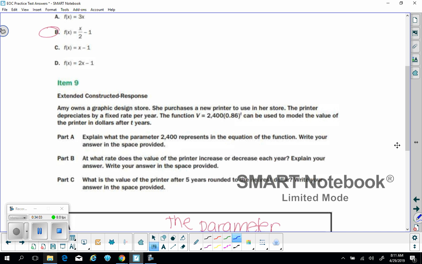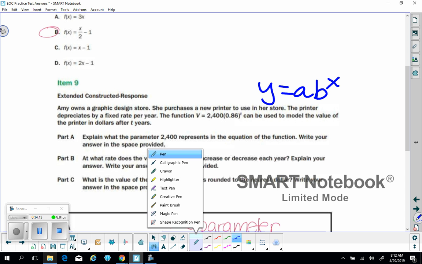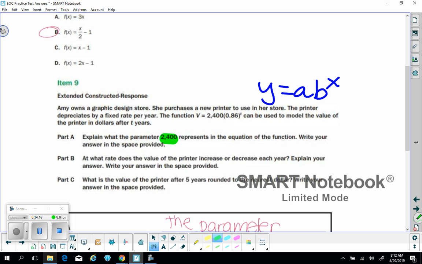Exponential. So looking at the exponential equation as y equals ab to the x. Explain what the parameter 2,400 represents. So I'm going to highlight that number. What do we think it represents? Is that it's in the place of my A, right?